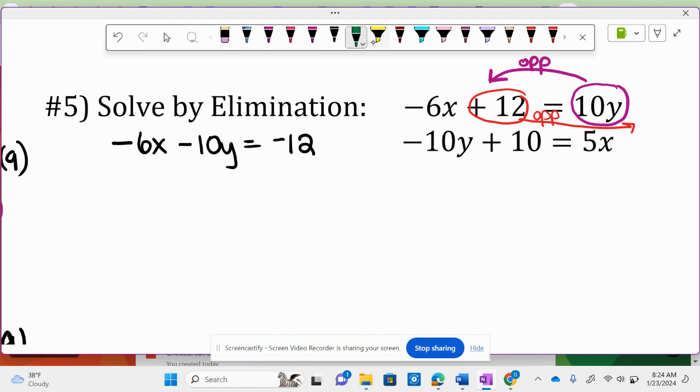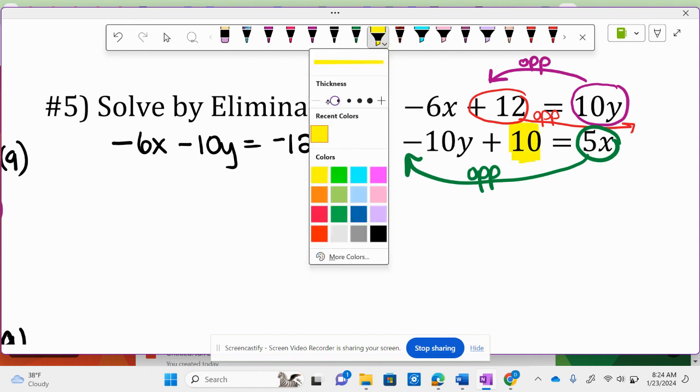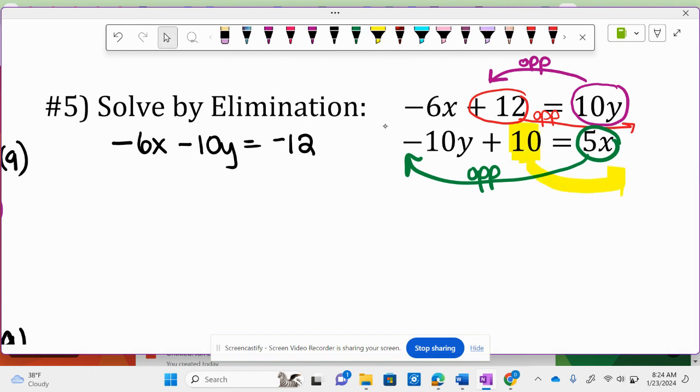We're going to do the same thing. I need to move this 5x to the opposite side, and I have to move the 10 to the opposite side, so it becomes the opposite sign. I want the x to come first. What's the opposite of a positive 5x?